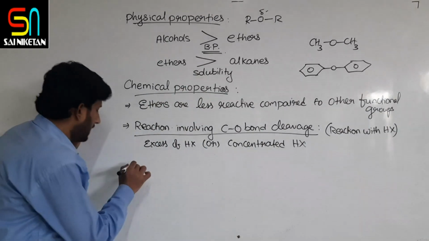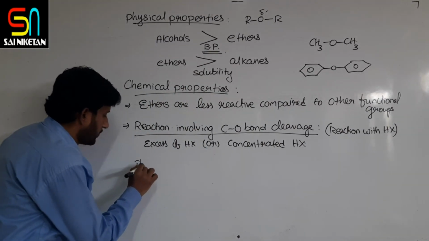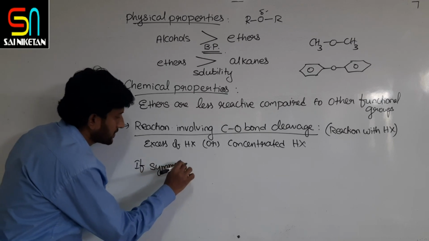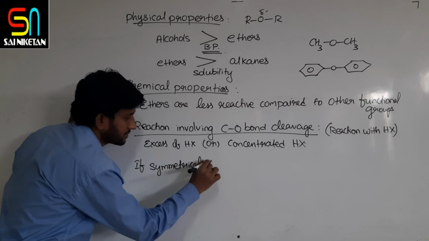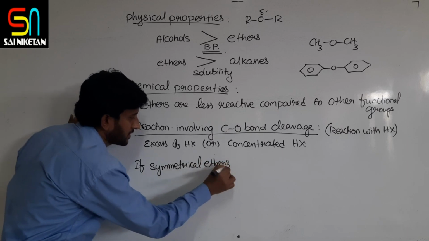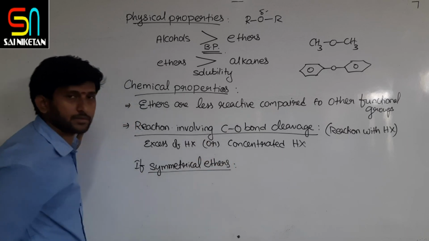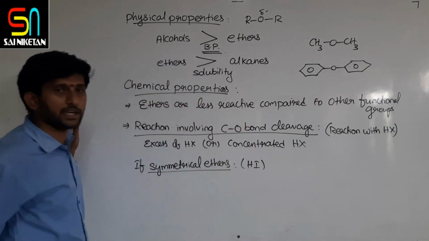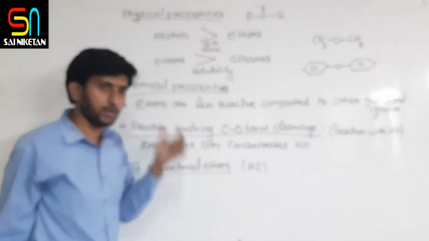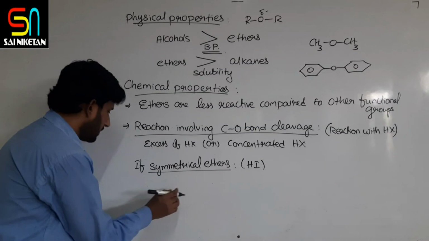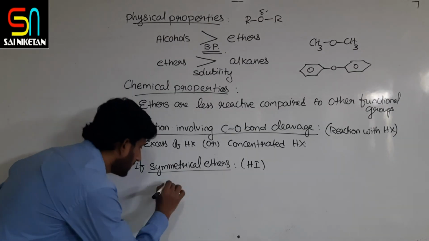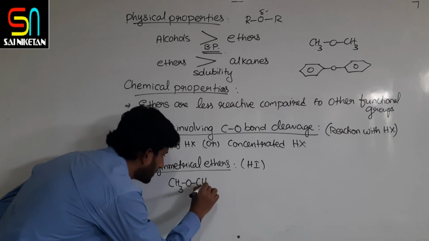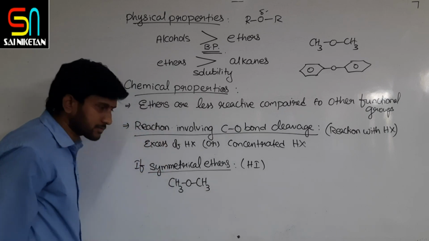In this condition, if we are taking symmetrical ethers and making the reaction with HX, let us take a reaction with HI. HX in the sense HI, hydrogen iodide, or you can take hydrogen bromide or chloride. Now what happens in this case? If I am taking CH3OCH3, a symmetrical ether.